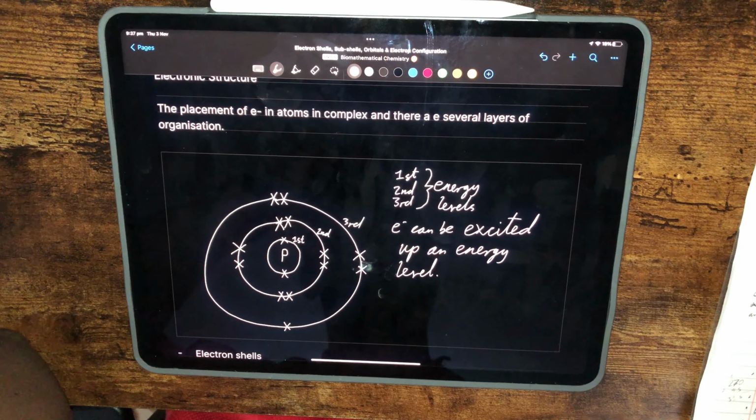Orbitals in the same subshell all have the same energy because they're all the same distance from the nucleus. They're equidistant from the nucleus, so they have the same energy. And each orbital has 2 electrons. I'm going to go through the types of subshells that you get within each shell, and the types of orbitals that you have.